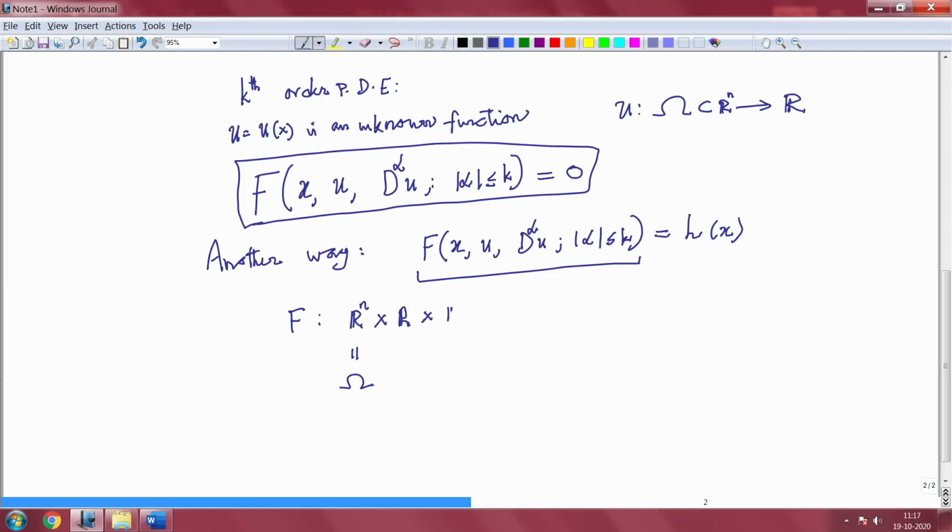So, it may be some RL for some L, depending on how many terms. We will come to it a little more when you write first order equations. So, that is the way a general PDE of kth order is written.